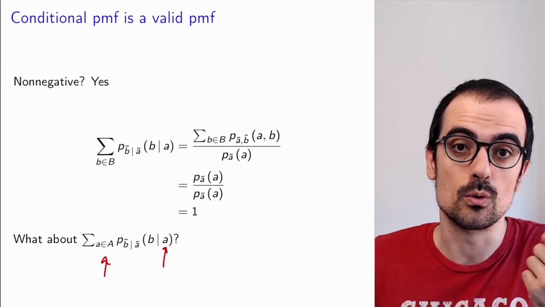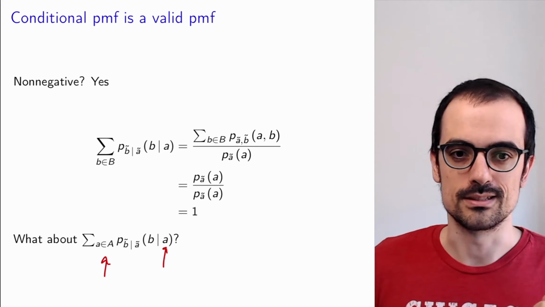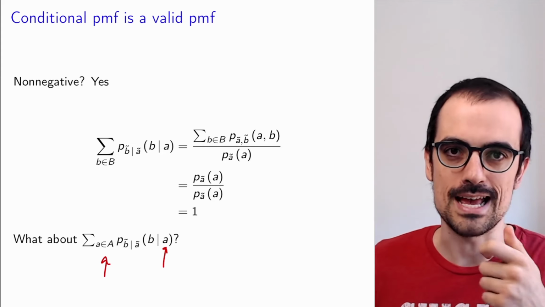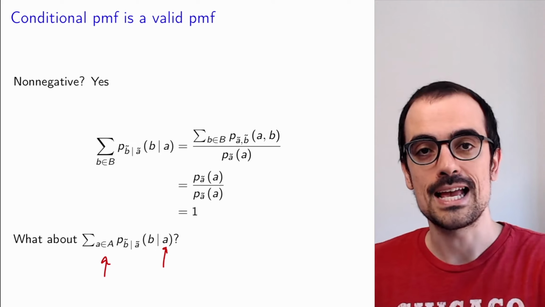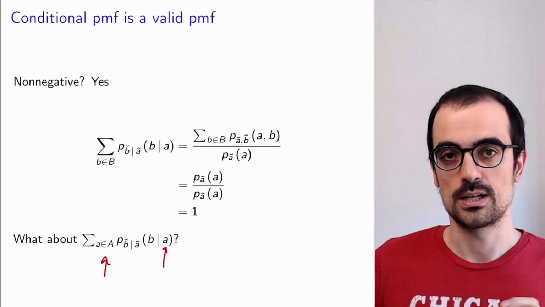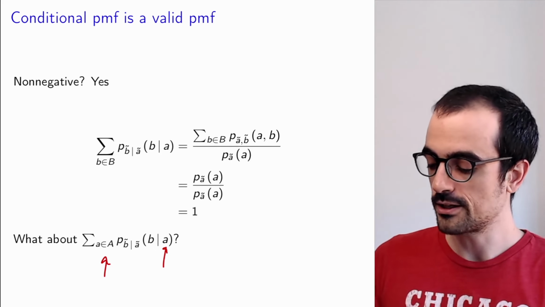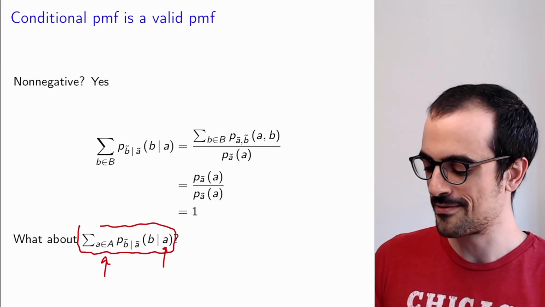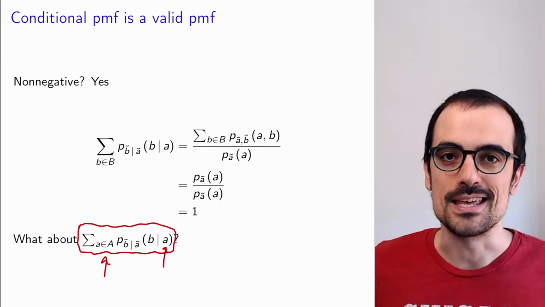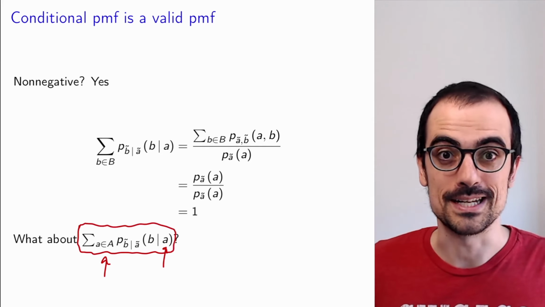It's not a variable over which we compute probabilities. We don't say the probability of A. It's the probability of B conditioned on A having that value. Okay, hopefully that makes sense. So in particular, if you try to sum this conditional PMF over A, I have no idea what you're going to get because it doesn't make sense to do that.